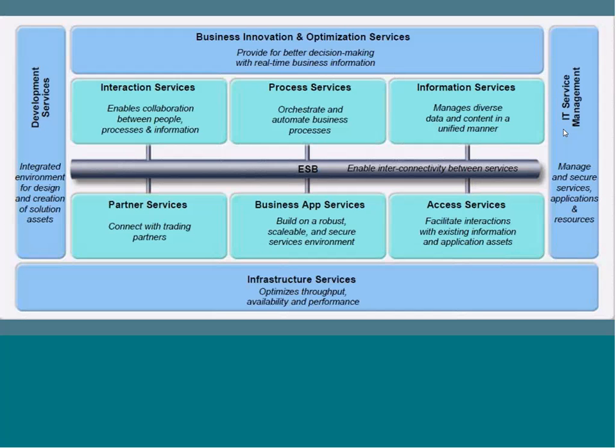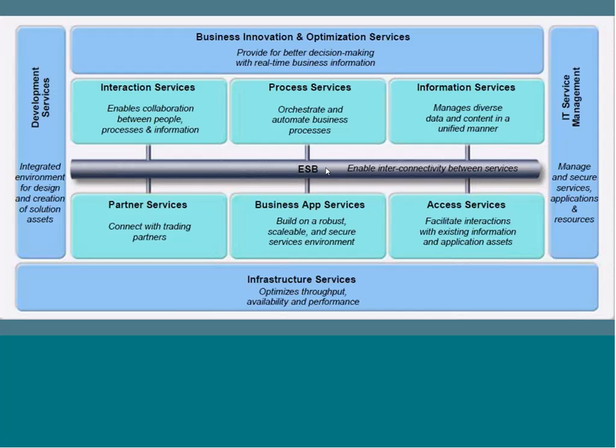On the left hand side are the development services. IBM has positioned a couple of its products especially geared towards development services, and the same is the case for interaction services, process services, information services, and other services as well. Now at the center of all of these, the backbone of all of these, is the ESB.